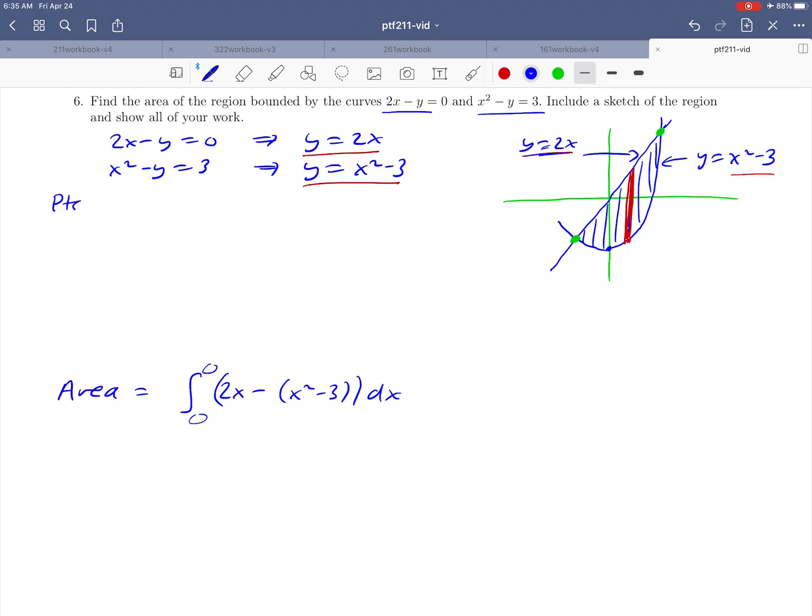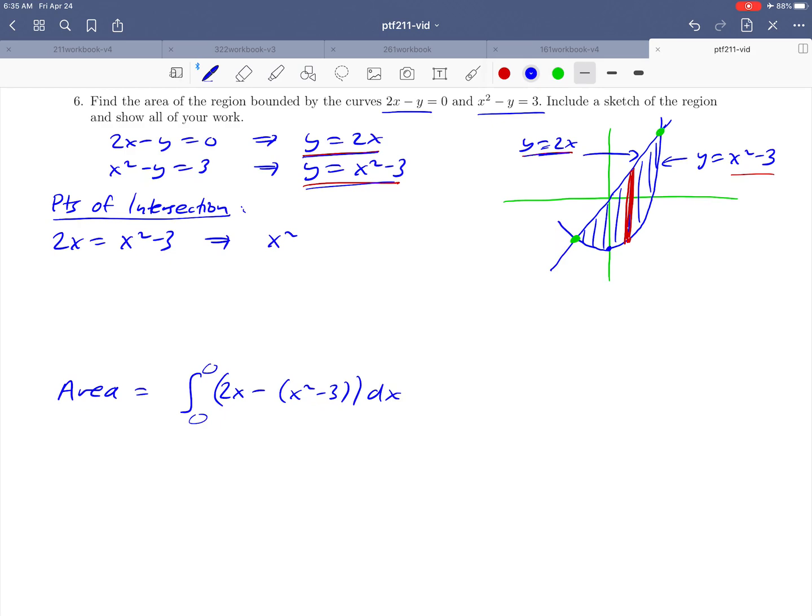Let's see if we can sneak that calculation in up here. The easiest way to do that is just to take the two curves and set them equal to each other. So y is equal to 2x, the other one, y is equal to x squared minus 3. That gives us an equation that we can solve.